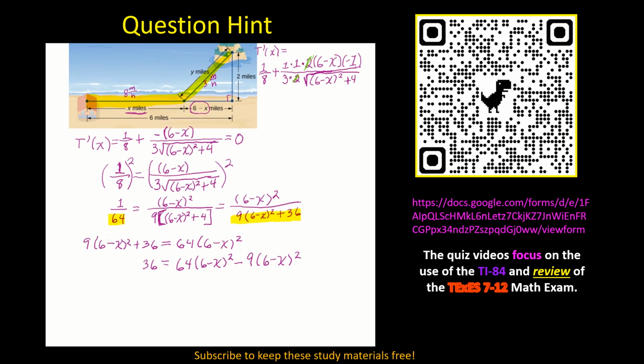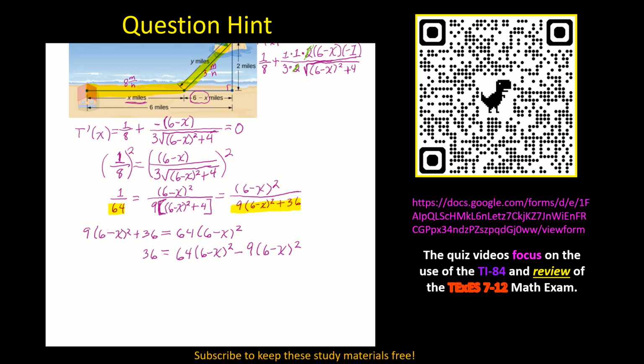That's going to give us more than what you think. So what I see here is we can distribute some things out. Rather, they were distributed in, now let's factor out. We have the 6 minus the x squared, and that was all times 64 minus 9. So that all comes out.